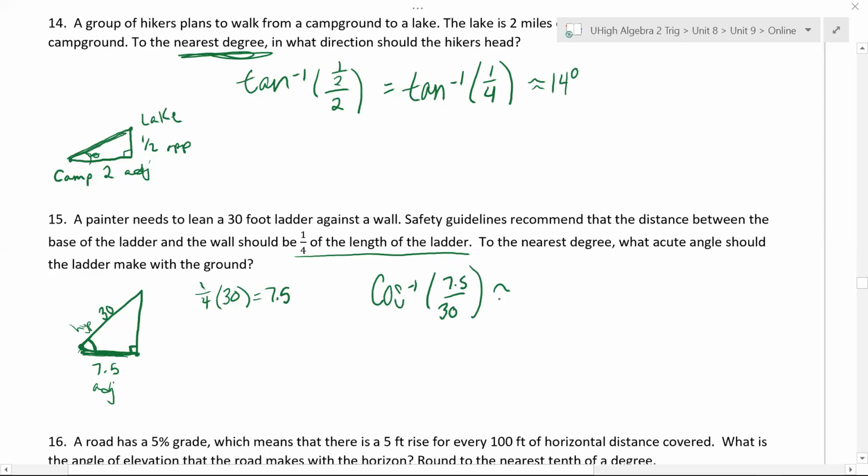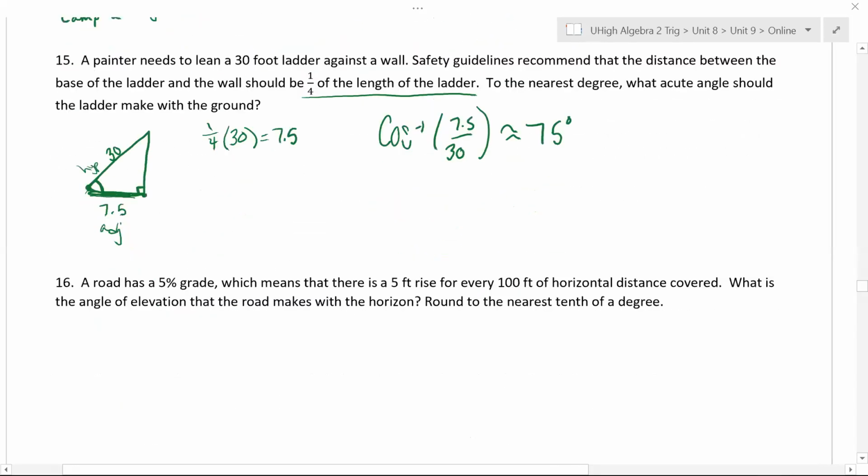When I type that into my calculator, I get approximately 75 degrees. And thinking about it, that makes sense. When we're using ladders, we typically try to have the base of the ladder fairly close to whatever we're leaning it up against. Okay, last one for today.